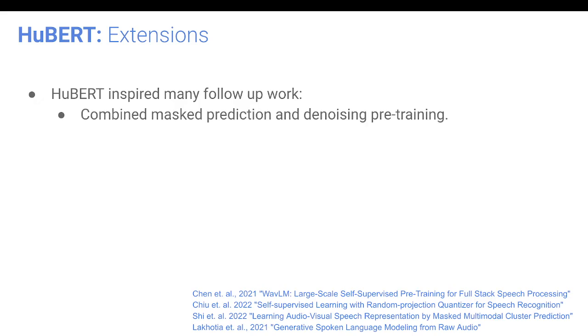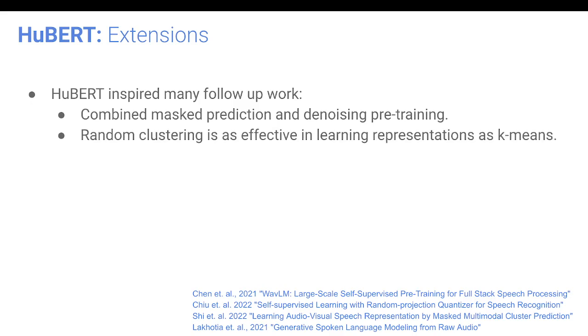One of them combined masked prediction with denoising pre-training, like WavLM, which produced even better representations than HuBERT on the SUPERB benchmark. Random clustering was another bold move: rather than using k-means, which is pretty cheap, what about just using a random codebook with some constraint on the distribution of the code words?